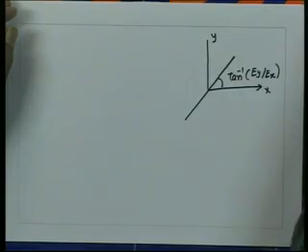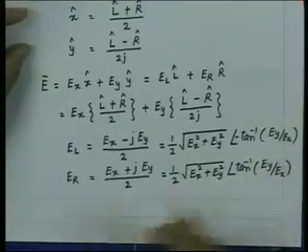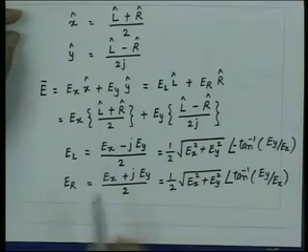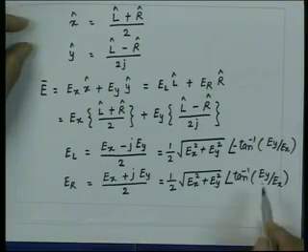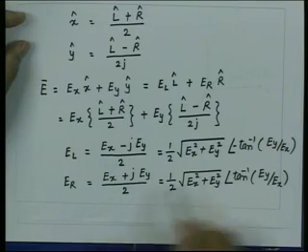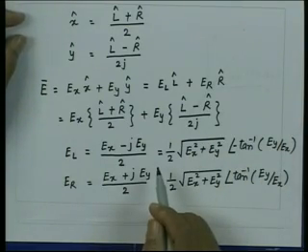So, what we see from here is that the tilt angle for the linearly polarized wave will be nothing but the phase of this component Er, or the negative of the phase of this quantity.